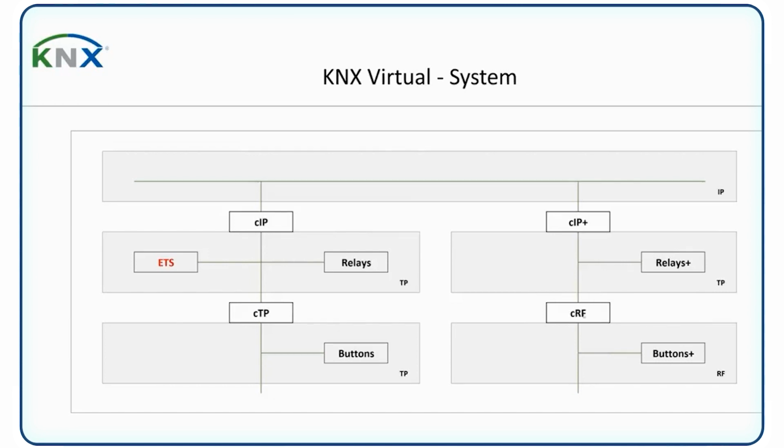There's a radio frequency coupler here, and so on, because I don't want to be too specific here, since it's not important right now for this specific topic of this video. But I just wanted to mention that there is this KNX Virtual, and it will look like this. These are the devices that will be covered.